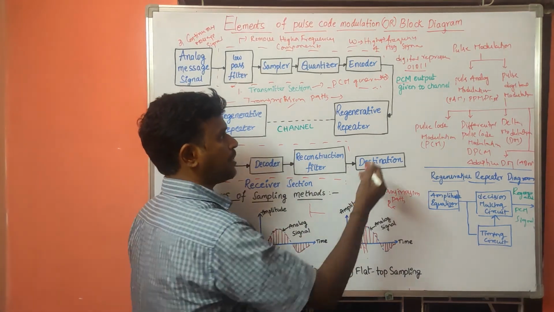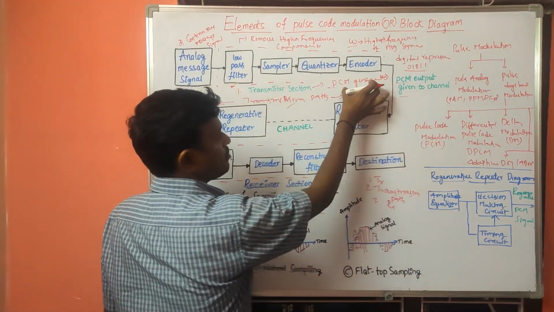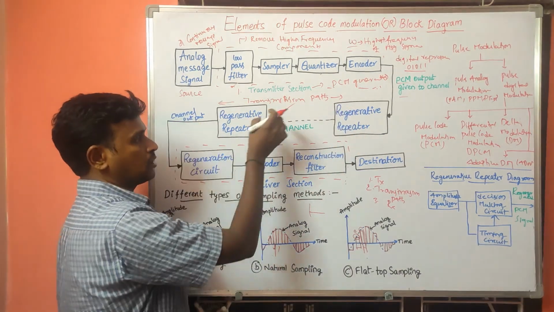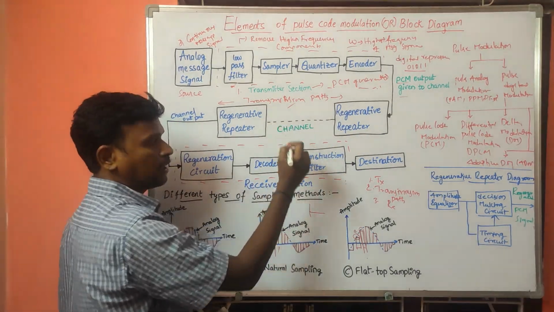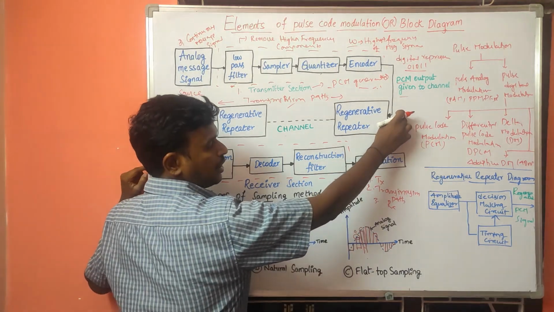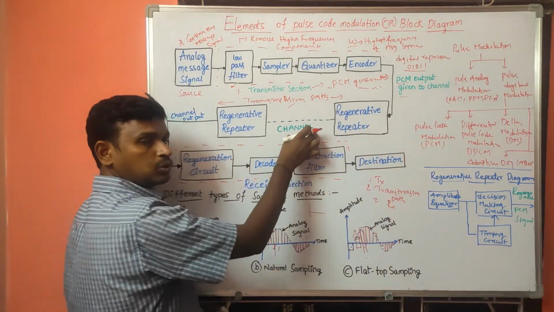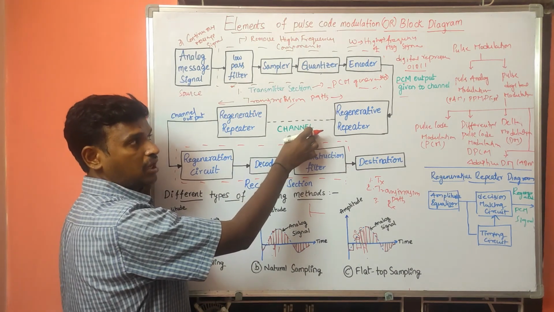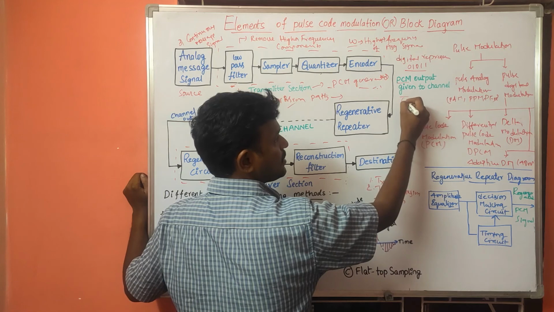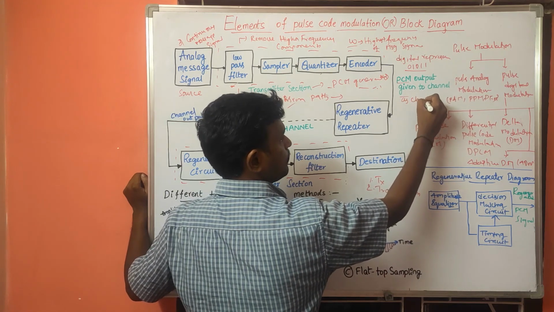Here the PCM output from the PCM generator is given to the transmission path, and here we have the channel. The output of this generator is given as the channel input.